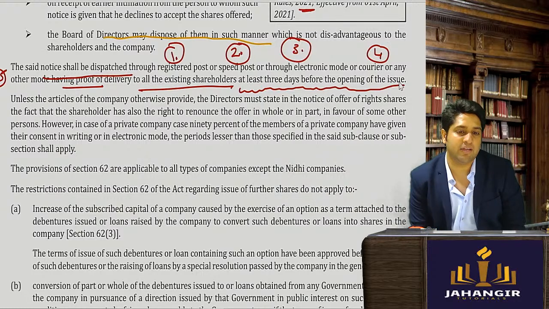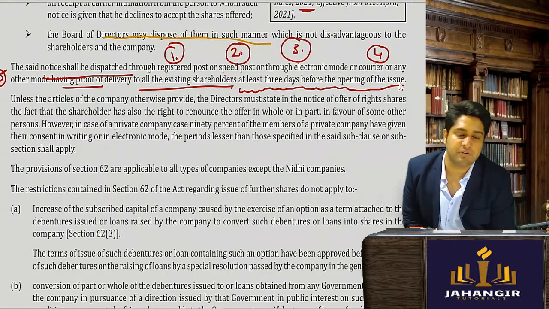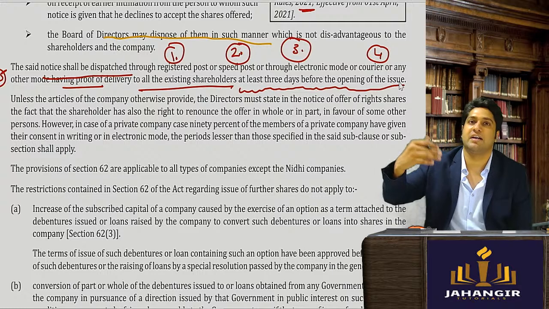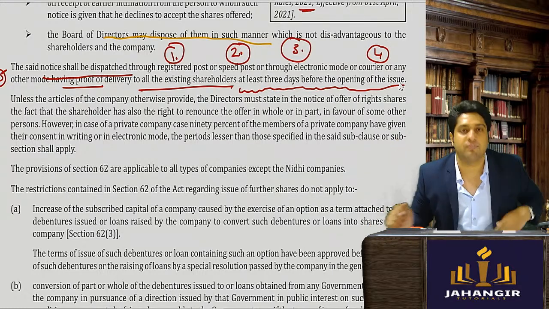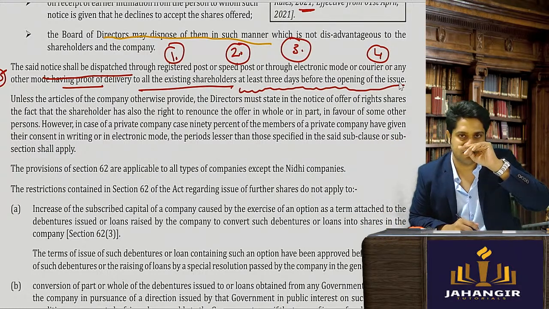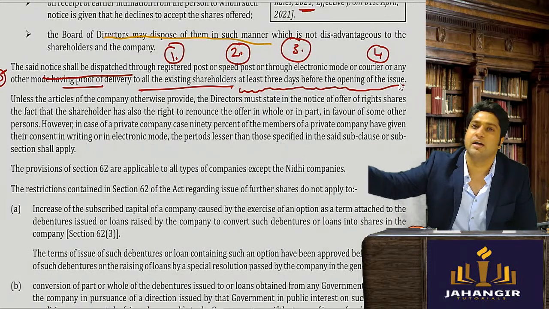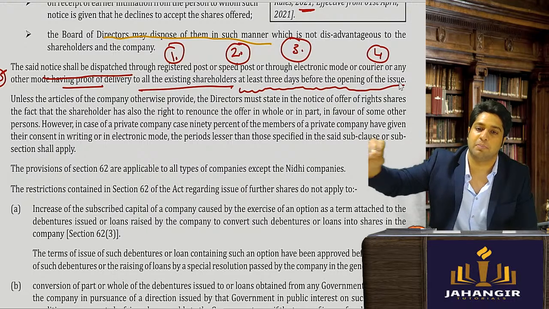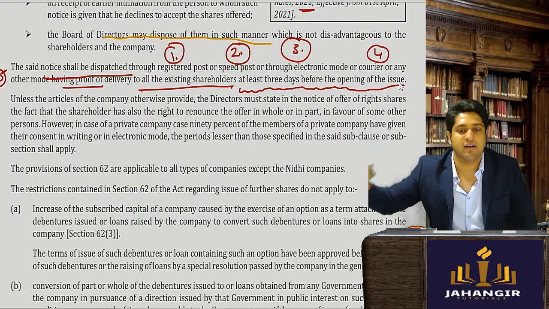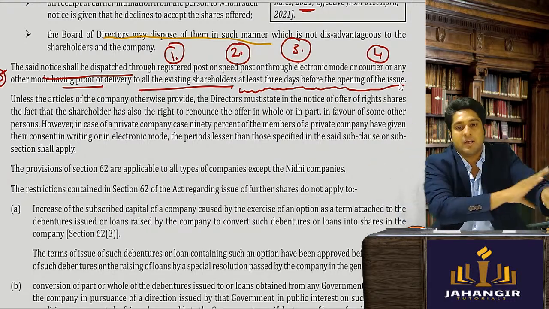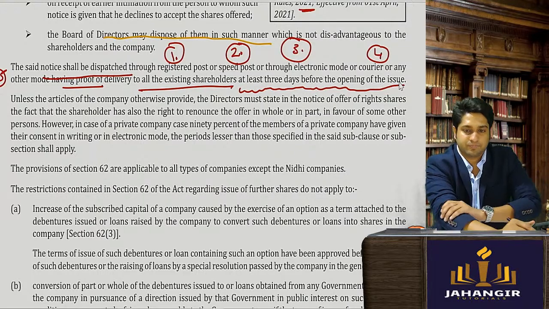So whenever I'm opening the offer, at least 3 days before, I have to ensure that everyone has got the notice. So what will happen? First the notice will be given, then I will tell them that if you want to subscribe and approve of it, the issue opening date is so and so. The period will start from this date, it will end on this date.